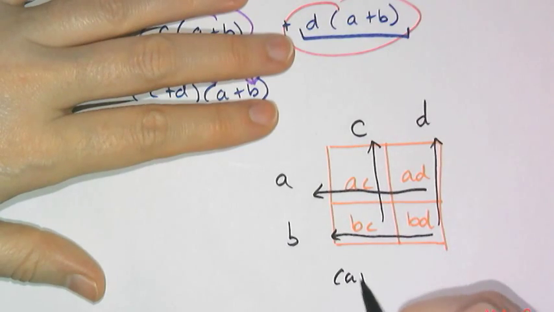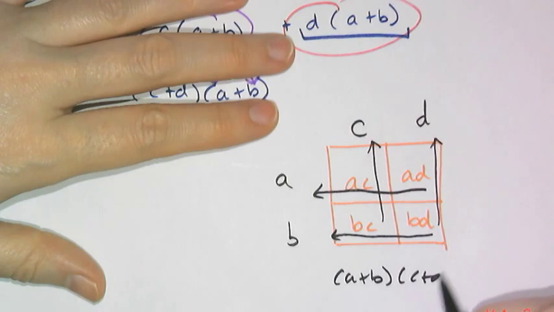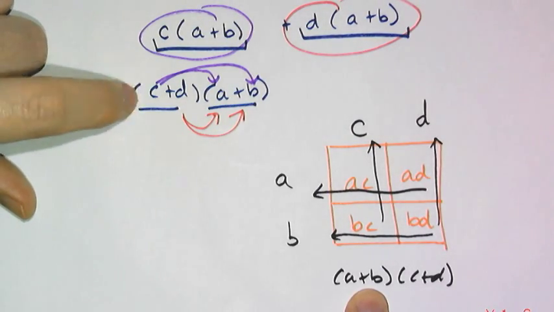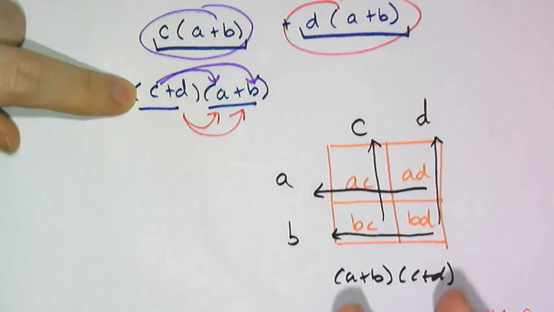They come from A plus B times C plus D, which is exactly the same as this thing here. I just reversed the orders of the factors.